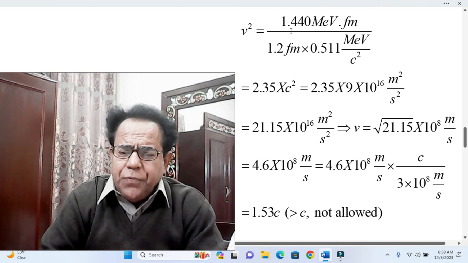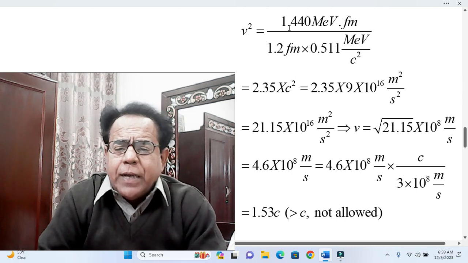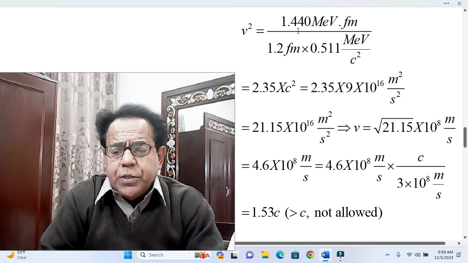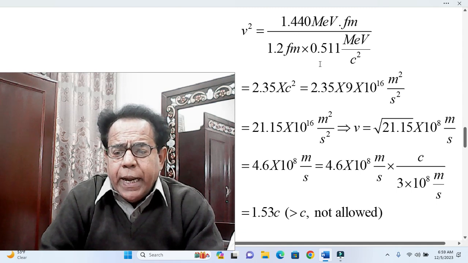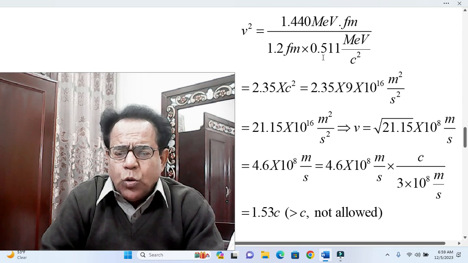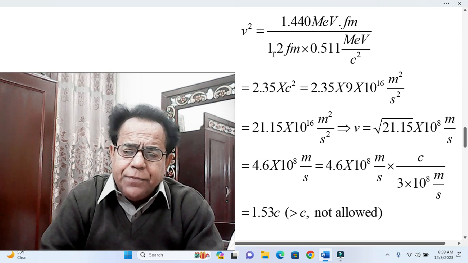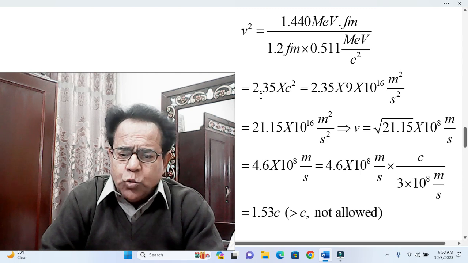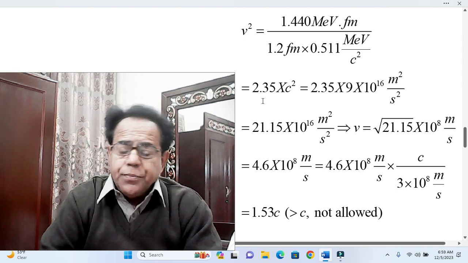This is the simplification of this. We first multiply 1.2 with 0.511 and the resultant value is divided by 1.440, then we get this value 2.35 into c square.